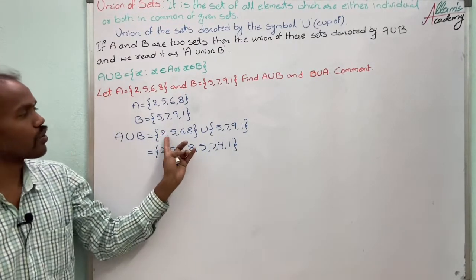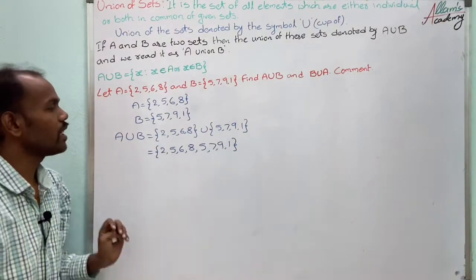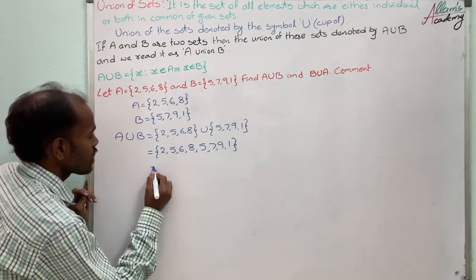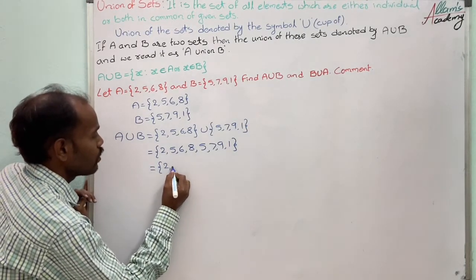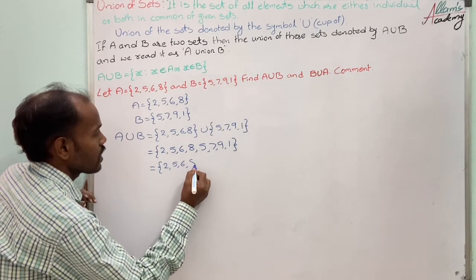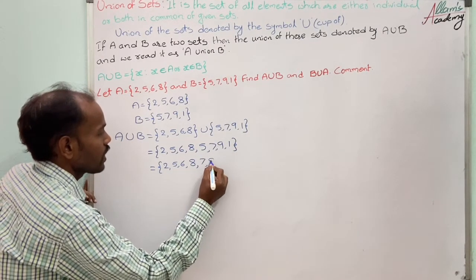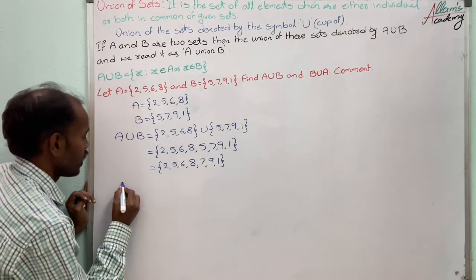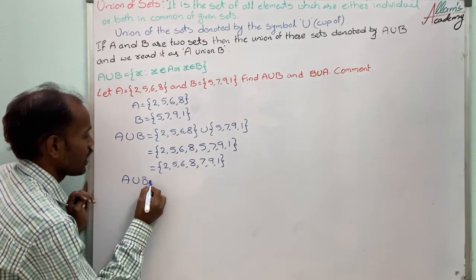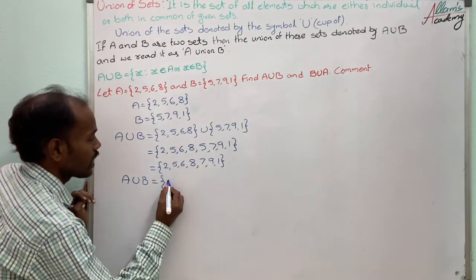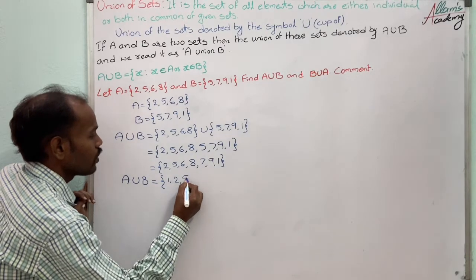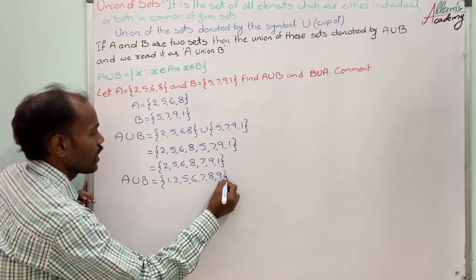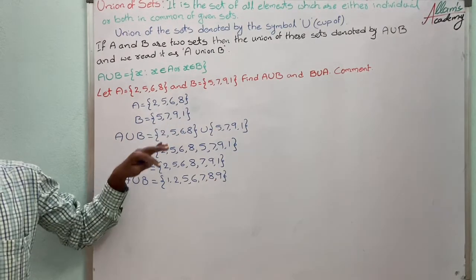In these two sets we observe that 5 is the repeated number, so we take it a single time: 2, 5, 6, 8, 7, 9, 1. Now if we write all these numbers in order: 1, 2, 5, 6, 7, 8, 9. This is A union B.